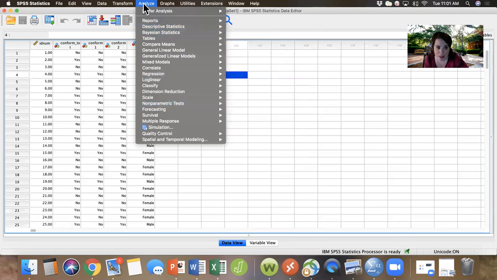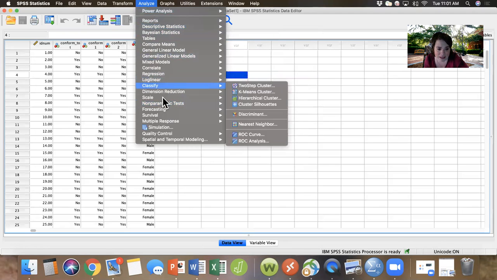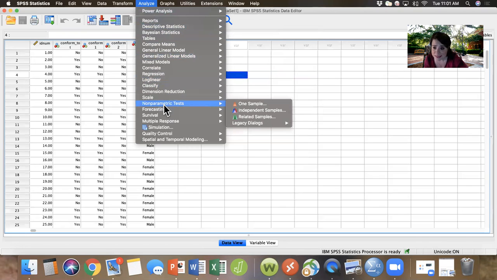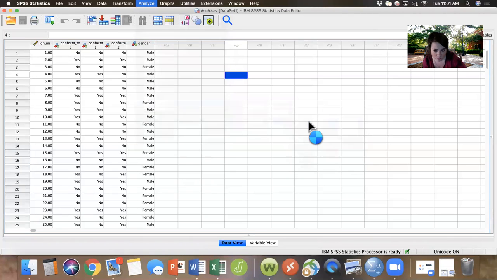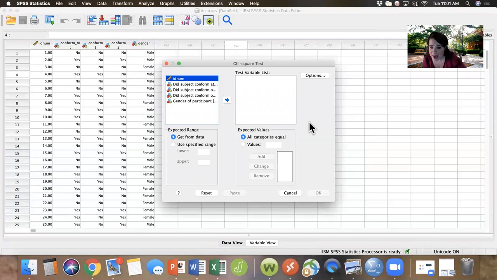Then we go to Legacy Dialogues and select Chi-square. So: Analyze, Non-parametric Tests, Legacy Dialogues, and Chi-square. Okay. So we're going to go ahead and click.